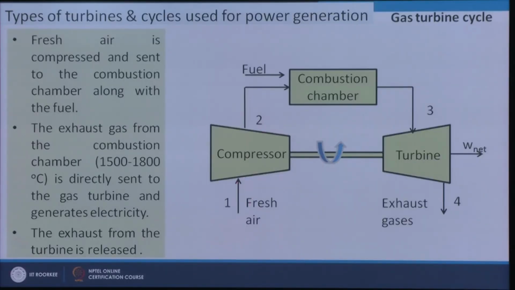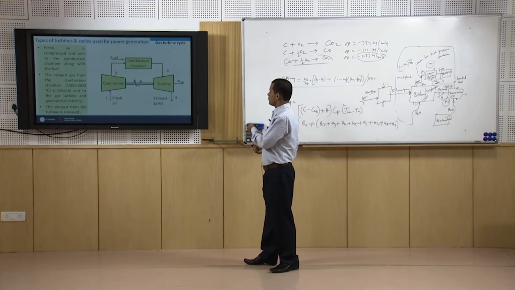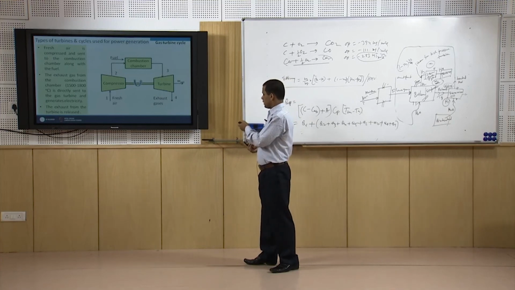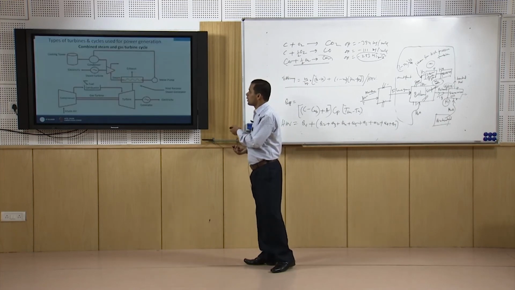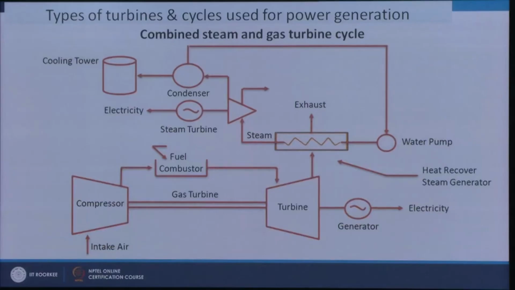Here the air is sent, compressed, and then combustion takes place, and the combusted gas is passed through the gas turbine, and then we get some work here. This temperature is around 1500 to 1800 degree centigrade, as we have discussed in the first part of this module. And this is the combined cycle, meaning steam and gas turbines both will be available.